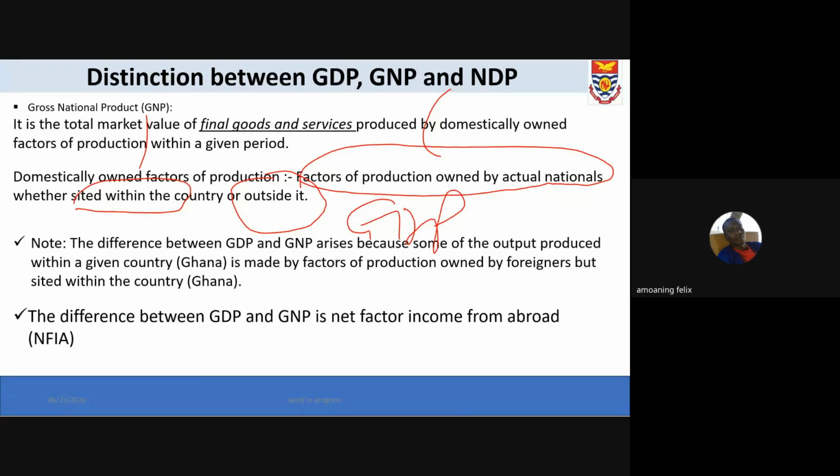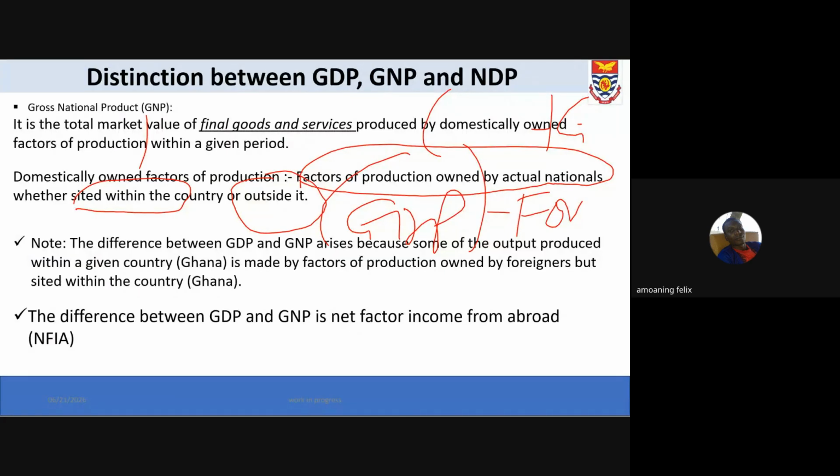But we say, look, let's take those foreigners' production out from the country. Then look for Ghanaians who are outside the country and come and add it. That is all that we are trying to look at. In the domestic, we have foreigners in it. But let's take those foreigners out. Then what about the Ghanaians who are outside? Let's bring them in and add the Ghanaians who are outside. That is all that this is telling us.